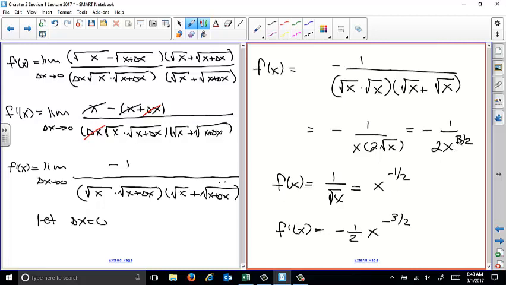So all of these examples are proving that the formula to take the derivative of x raised to any power, not just a polynomial, is that you take the value of the exponent and multiply by the original expression with the exponent reduced by 1.